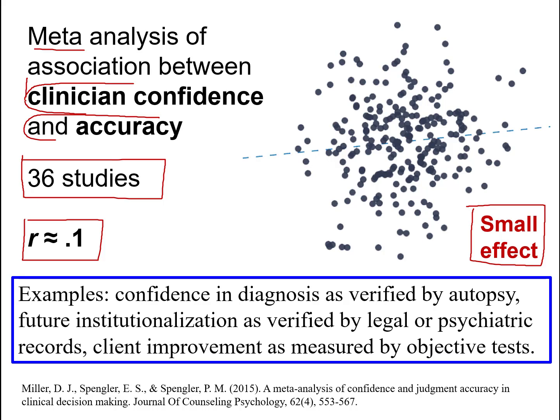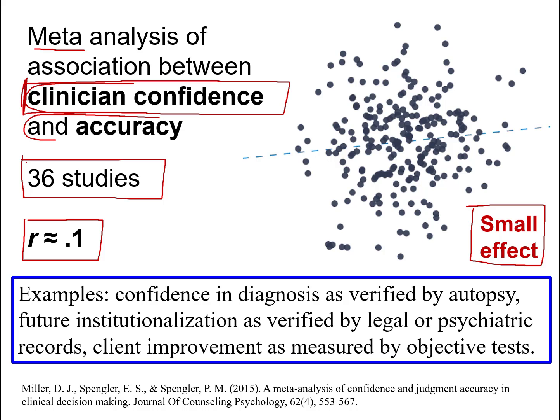So the key variable here is clinician confidence. So after a clinician, a psychologist or a medical doctor, has given some kind of diagnostic judgment, how confident does a clinician feel that he or she has made the correct diagnosis?